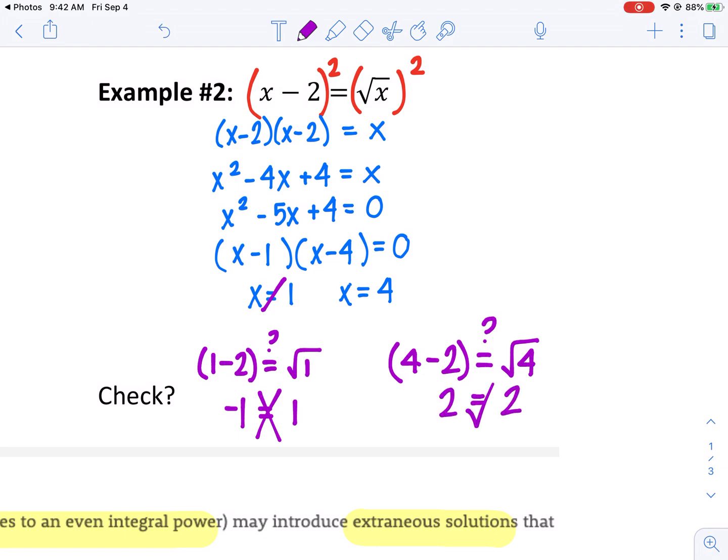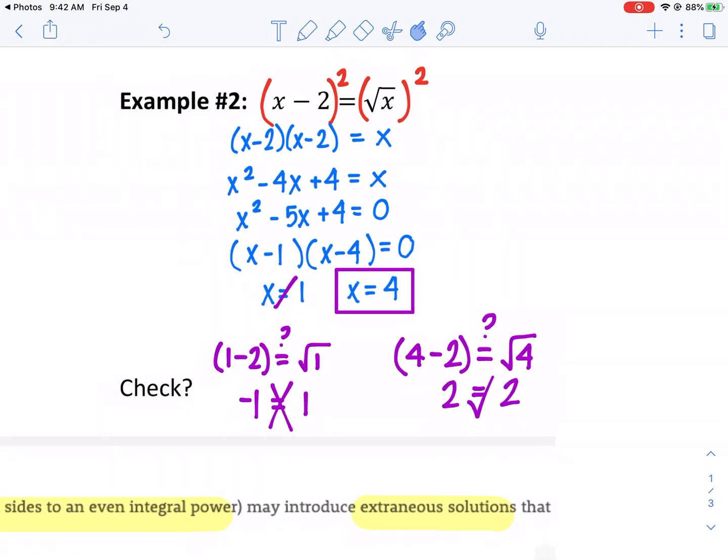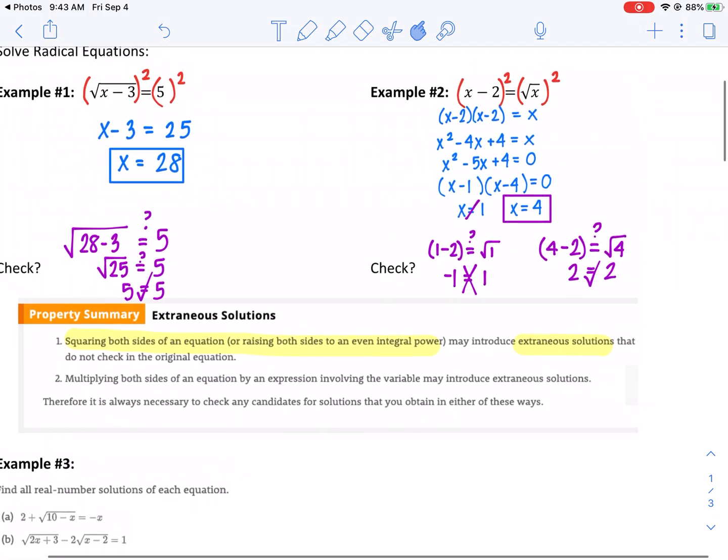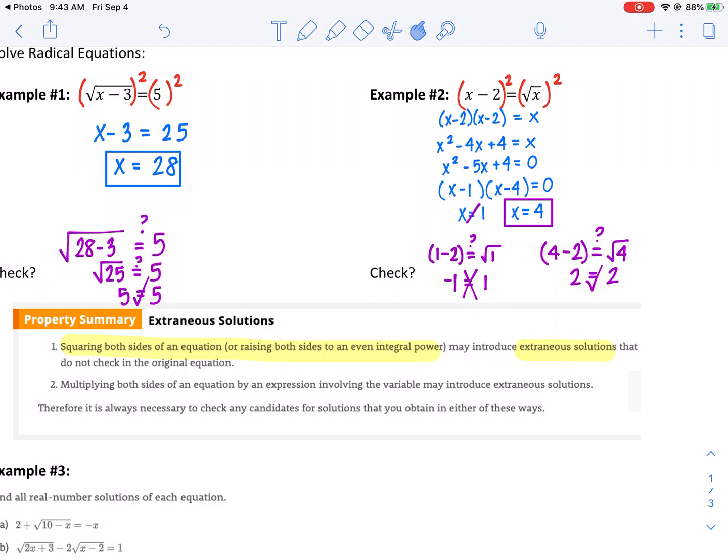Yep, that is true. My only answer is x equals 4. Simple check. You need to do so, otherwise if you said the answer was x equals 1 and x equals 4, that would be incorrect on a quiz, homework, test, anything.